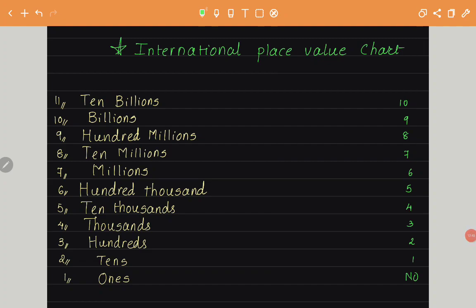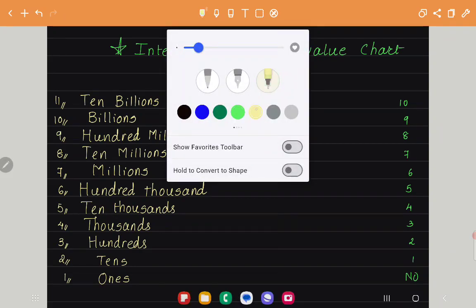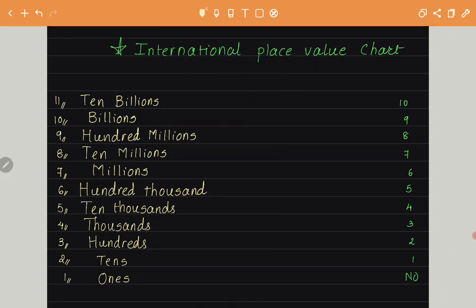Now let's talk about the international place value chart, because sometimes we are asked about numbers in millions also. At that time we should know how many zeros are there. So for that let's look at international place value. Here see ones, tens and hundreds, this is the ones period, which is the same as the Indian number system, right?